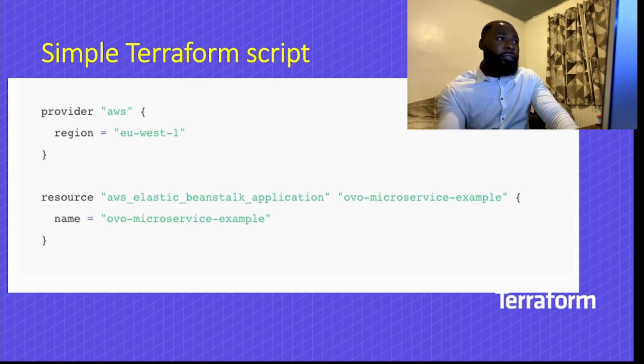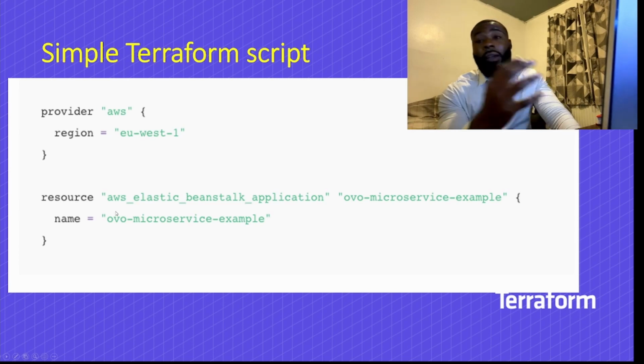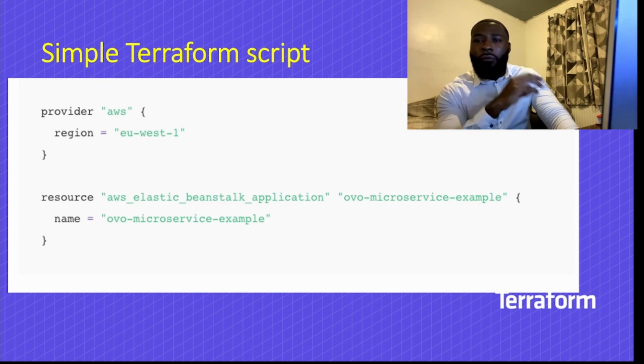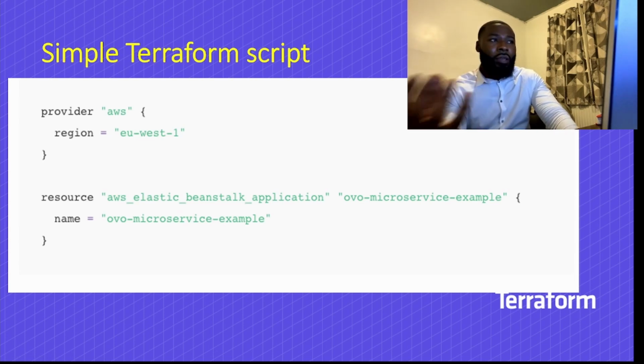So here it's EU West 1, which is actually in Ireland, and then the second section here is where you talk about your resources. This particular resource will be provisioned as an Elastic Beanstalk application.